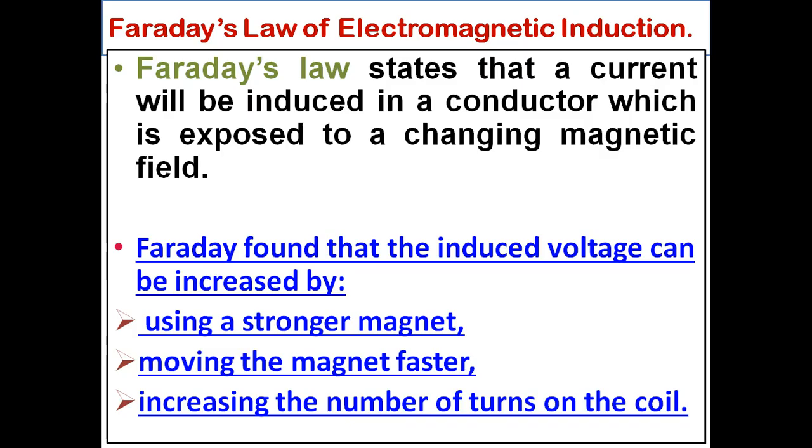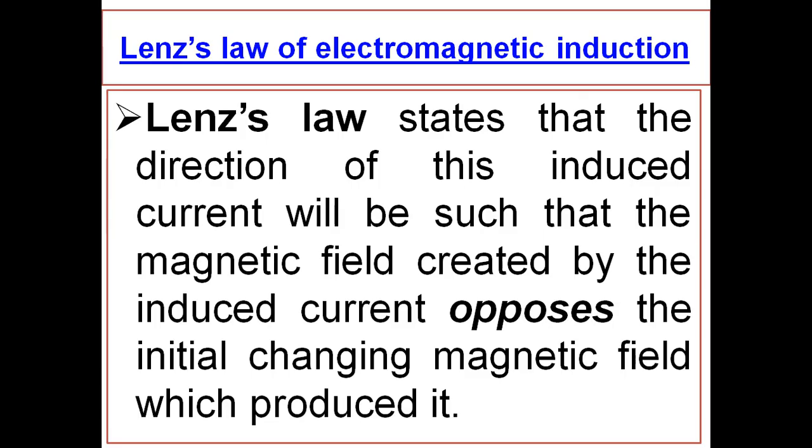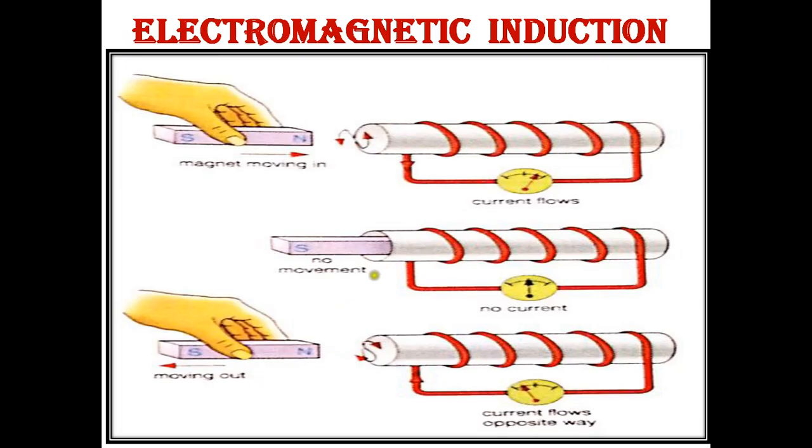Furthermore, when we are talking about the current, how does it work? If you see the magnet moving in this diagram, here the south pole, here the north pole, and this is the current flow connected with the galvanometer.